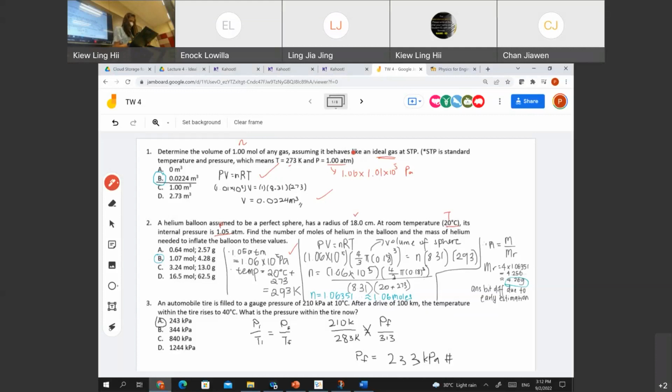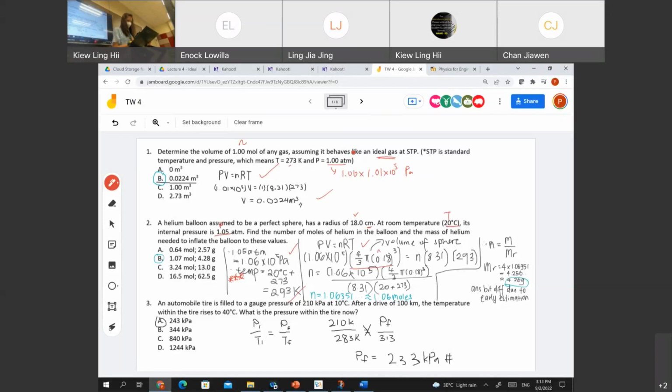Temperature 20 degrees Celsius must be in Kelvin, very important, since the SI unit for temperature is Kelvin. For volume, the radius of the balloon is given, so it is the volume of a sphere, 4/3 pi r cubed. Convert centimeter to SI unit, which is 0.18, in meter.